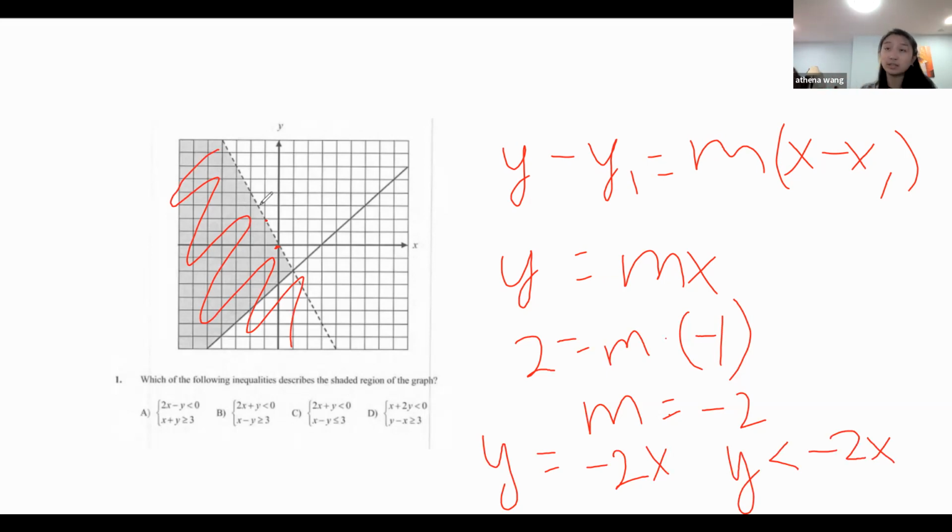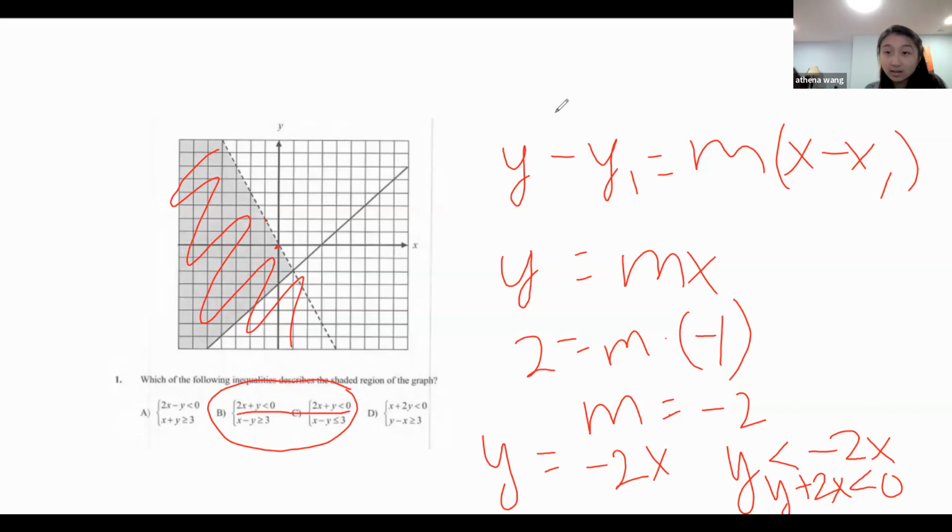Okay, and now we can just move this onto one side. So y plus 2x is less than 0. And we have two answer choices that fit that one.